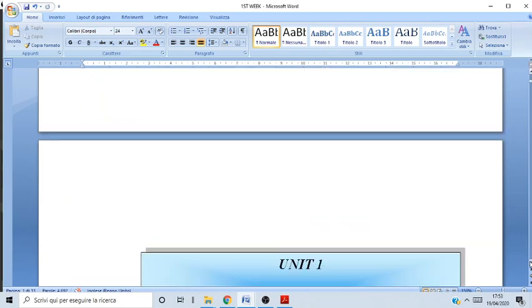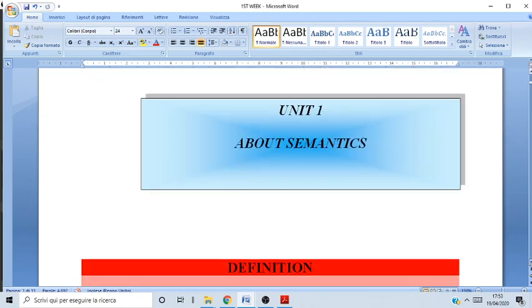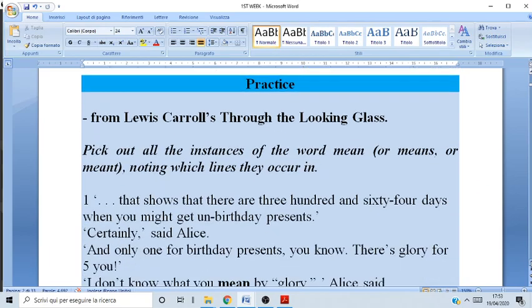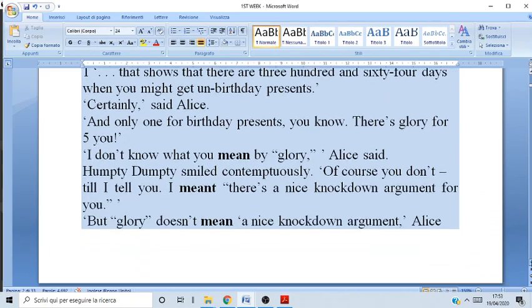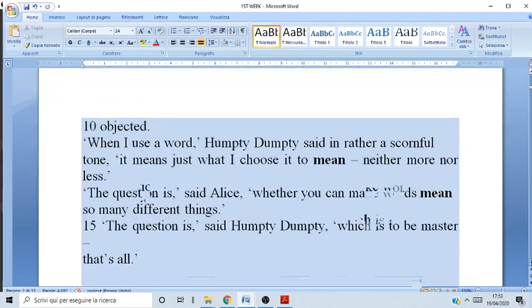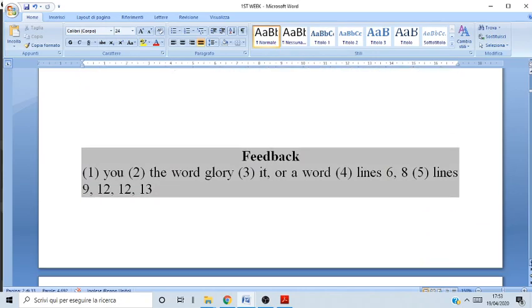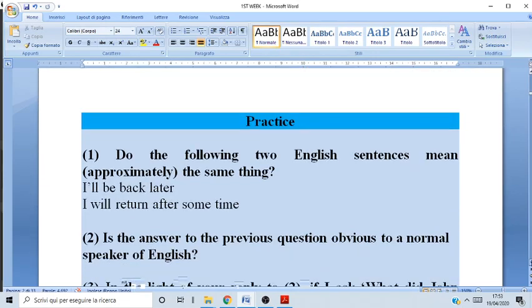So for Unit 1, we talked about semantics, okay? There was an introduction, and the first definition that it gives you is that semantics is the study of meaning. We did pragmatics, that is the study of meaning in context. Semantics is the study of meaning in language. And through some exercises, the excerpt from Lewis Carroll, we got to the point of saying that the word mean has several meanings.